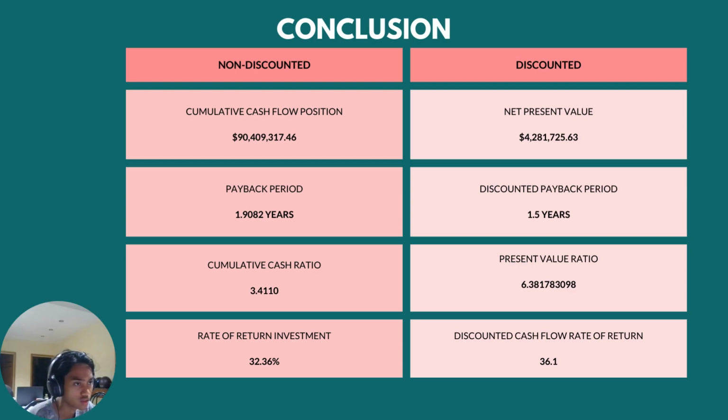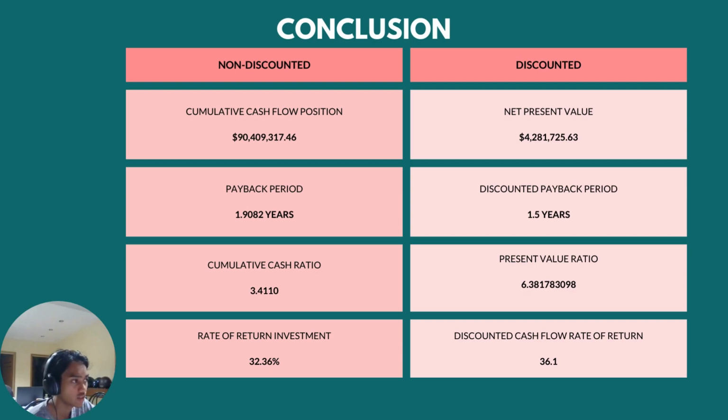For non-discounted cumulative cash ratio, discounted CCR is preferred as it considers the time value of money, offering a more realistic assessment of the cost effectiveness of an investment. And the PVR, which is present value ratio, compares the present value of benefits to the present value of cost.